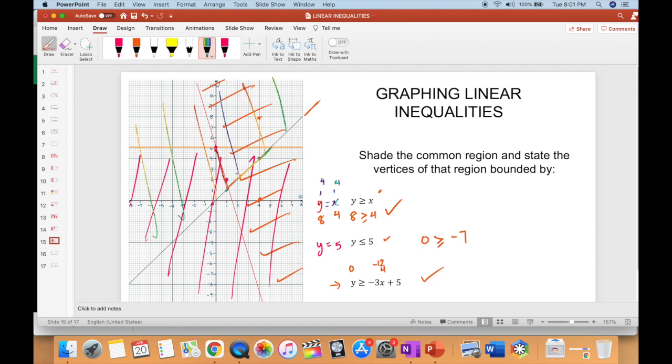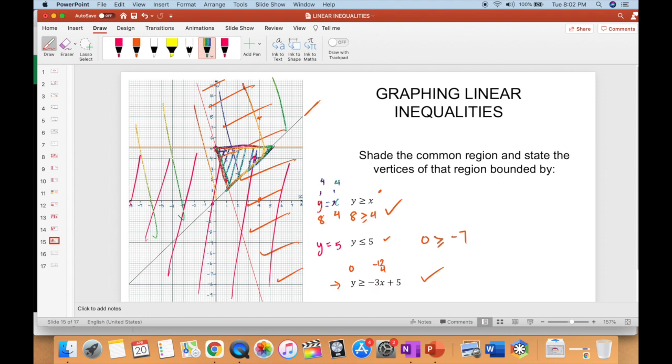It includes y is less than 5, y is greater than x from this line, and from this line, y is greater than negative 3x plus 5.